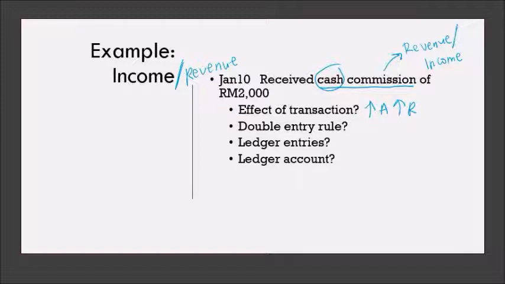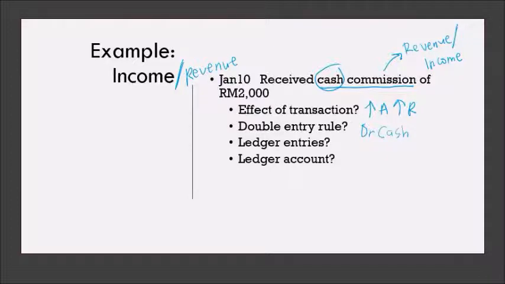Now let us record it in the double entry rule. So which side does the asset increase? Asset increases in the debit side, and cash is the asset. So what is the revenue?